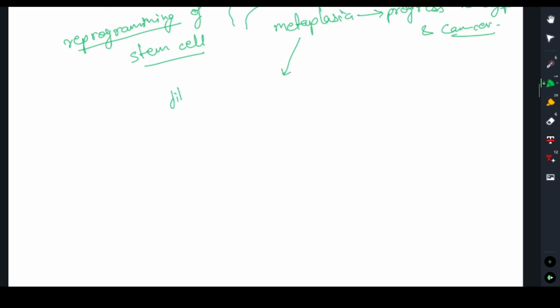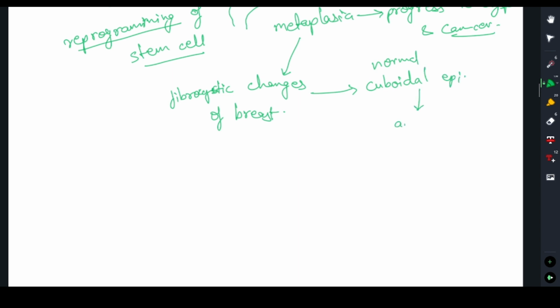In case of fibrocystic changes of the breast, what happens in the terminal ducts is that you see the normal cuboidal epithelium converting into apocrine cells, and this is an exception.